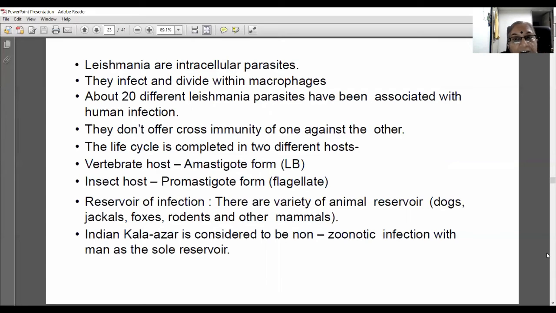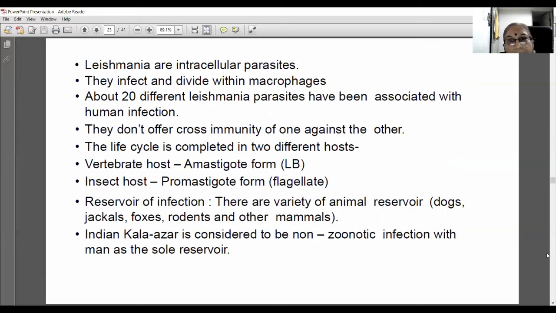If Donovani is there, Donovani has its own immunity. Cross immunity is not seen. If your immunity is there for Donovani, it is not going to protect against infantum. So this is how they don't offer cross immunity against one another.